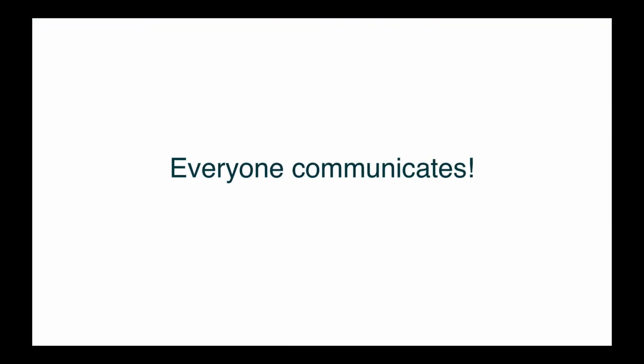To begin this module, let's make certain that we have a shared understanding of the fact that everyone communicates. Individuals communicate in many different ways, and some do not intend to communicate with us, but everyone communicates. Communication can take a variety of forms.